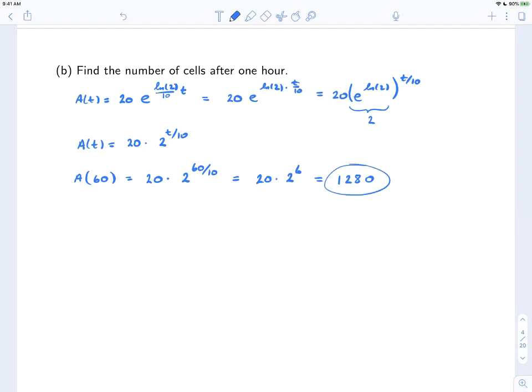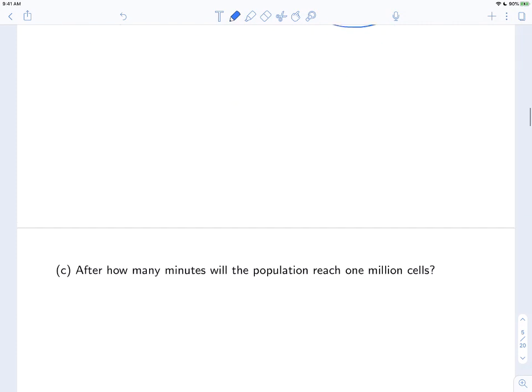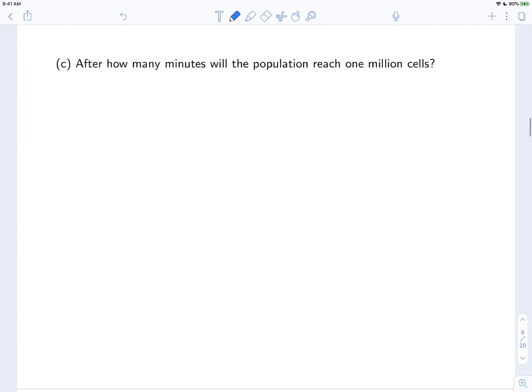So now we're asked, after how many minutes will the population reach 1 million cells? So for this problem, we want to find t so that A at t is equal to 1 million, which perhaps we want to write just for brevity as 10 to the 6th.